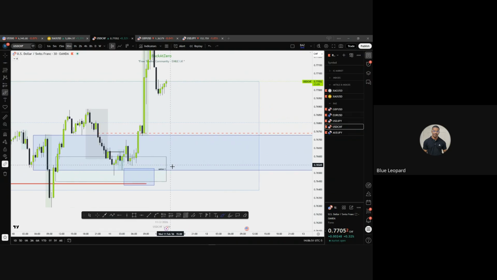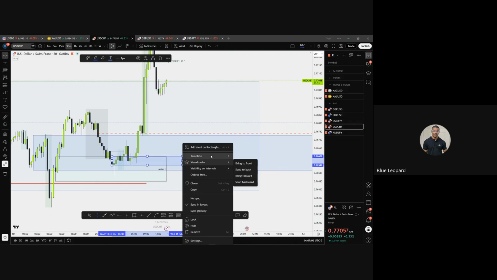So here we take the engulfment, the black candle, the last bearish move before we go up and break the structure, because we broke structure here, remember? This is our option 2.